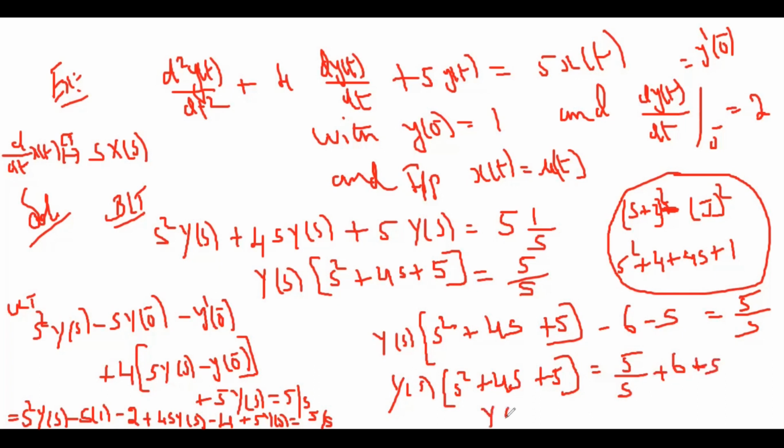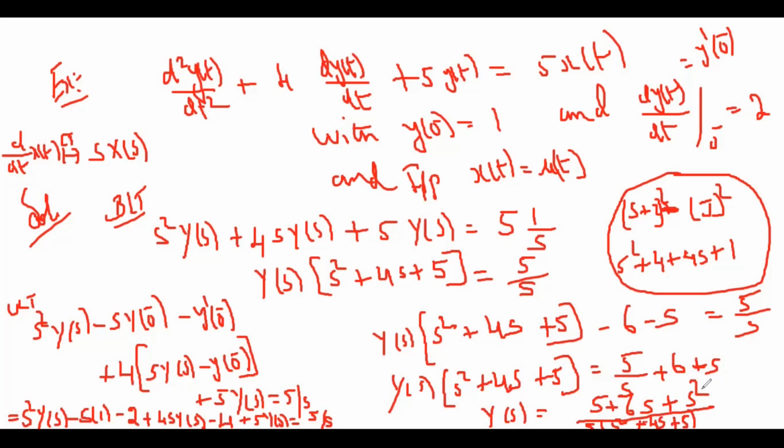Okay, y of s is equal to, take the LCM here, 5 plus 6s plus s square, and the denominator we have s, and this we can multiply, s square plus 4s plus 5.